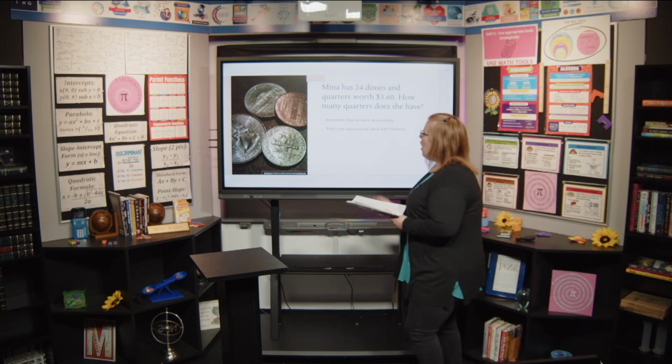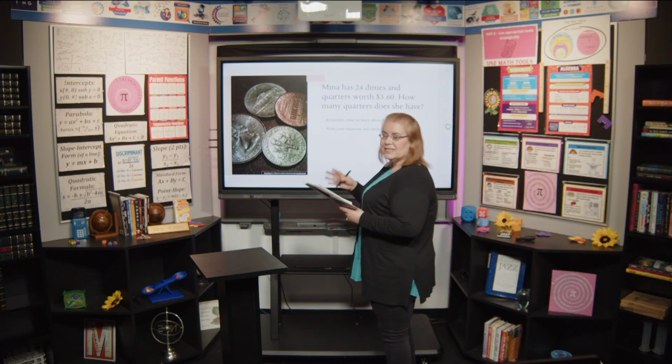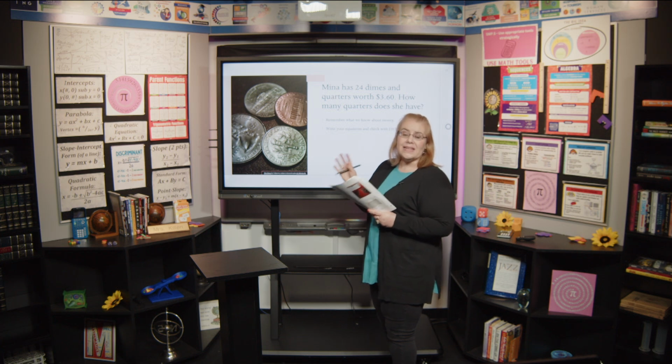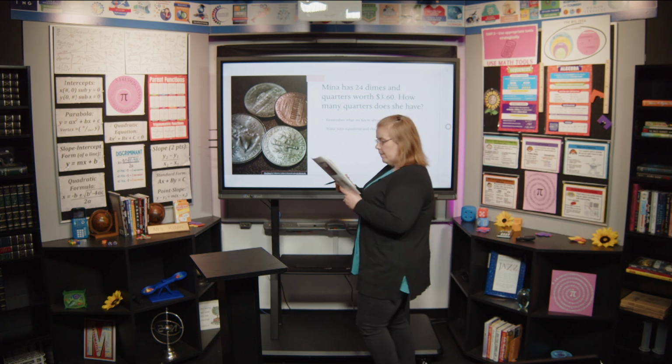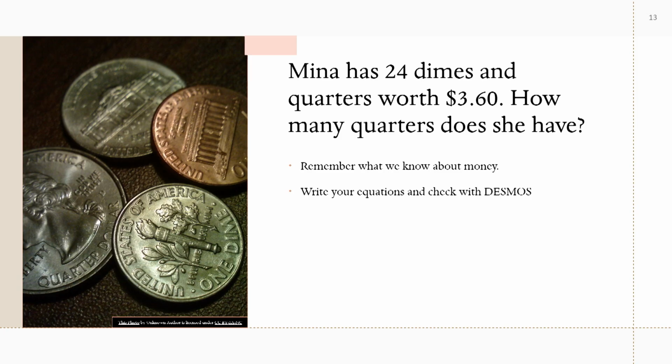All right, so when I read through this passage, this is what I got as my equations. Double check my work. I have my dimes and my quarters. I know my dimes are 10 cents, and I know that my quarters are 25 cents.